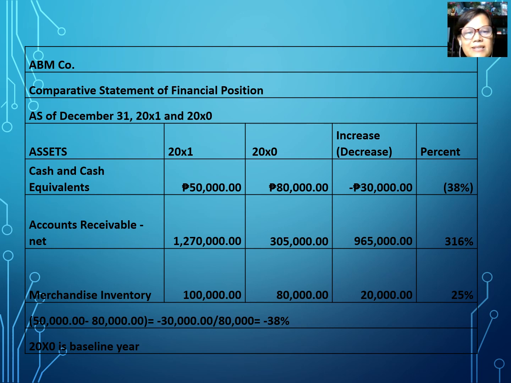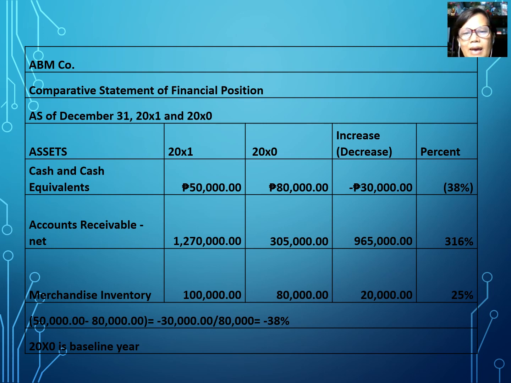Let's start with cash and cash equivalents. In 20x1, it has a balance of 50,000. And in 20x0, its balance is 80,000 pesos. So, this means that there is a decrease of 30,000 pesos.